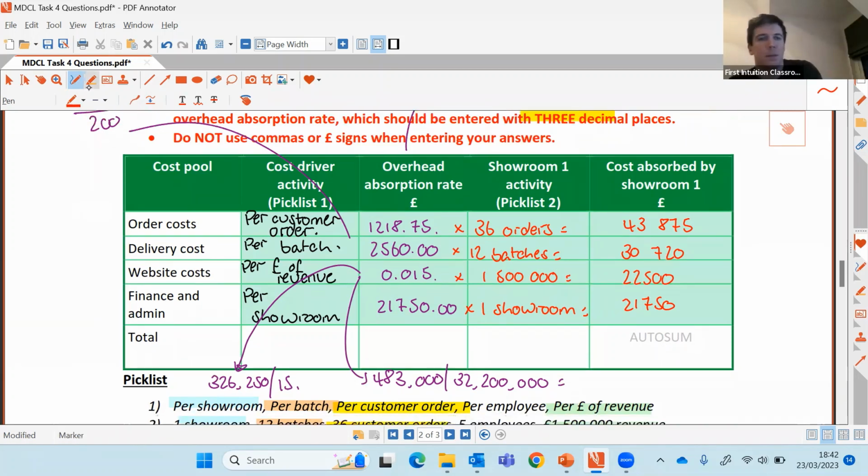And then it appears that were this to be the assessment, the software in the assessment, this would auto sum. But adding that up, I won't use a comma, although it would do it for me, I suppose. Your total there would be £118,845.